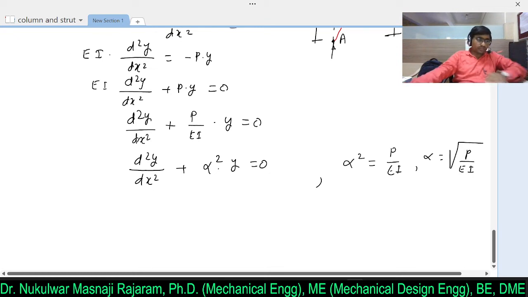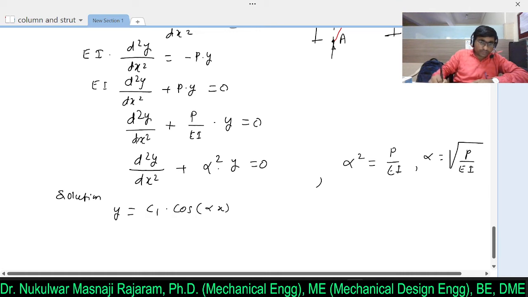Second order derivative equation is in front of you, and the solution of this equation will be y equal to c1 into cos of alpha x plus c2 into sin of alpha x.